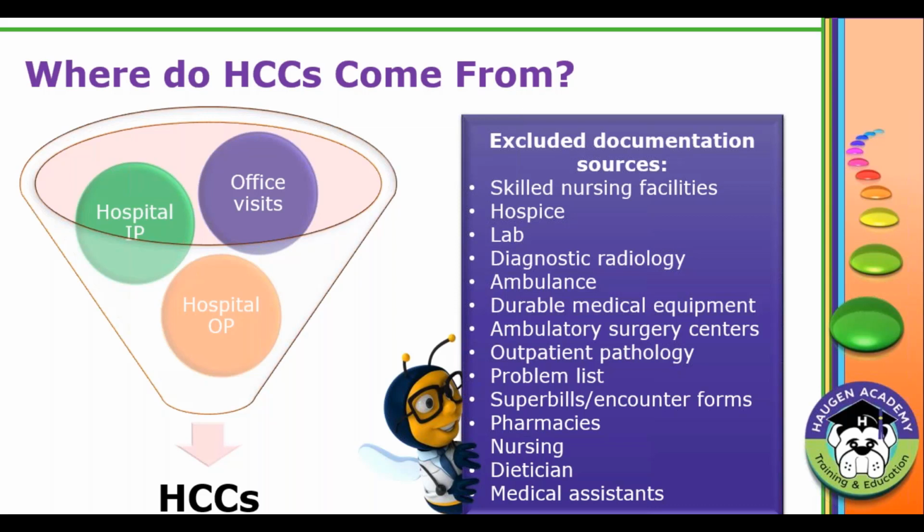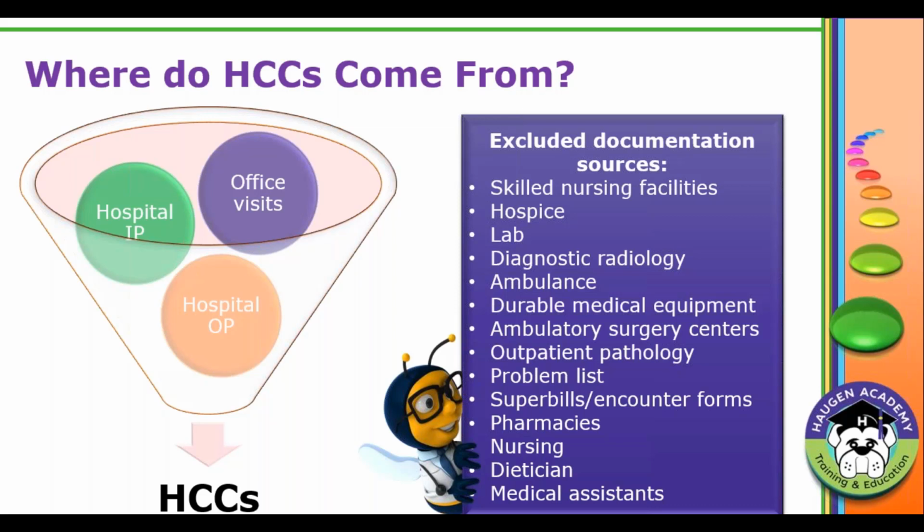And some of the other things that are on here, one of the things I will point out, even though I'm not a pro-fee coder, I do know about super bills and encounter forms. Those are not something that we can pull documentation from, because they don't become a permanent part of the medical record. And also included in there, that's a big deal, is the problem list.